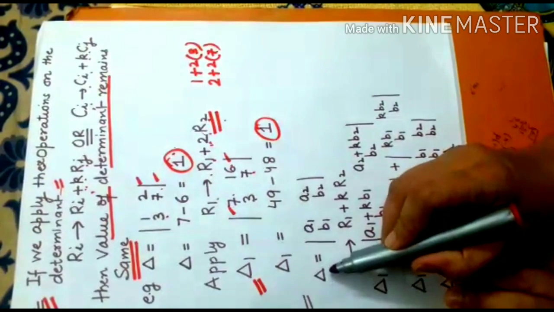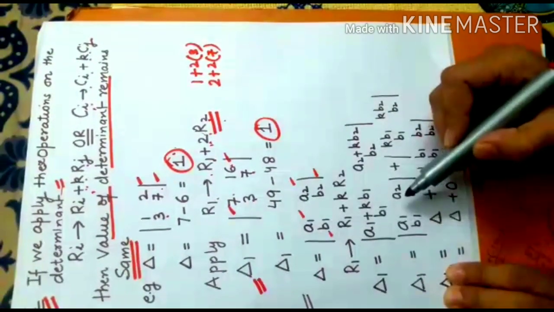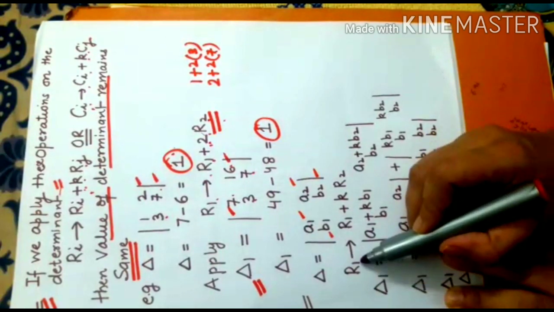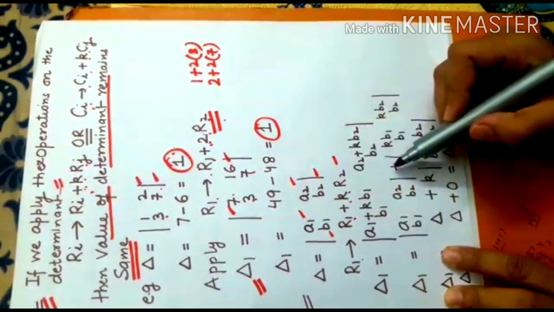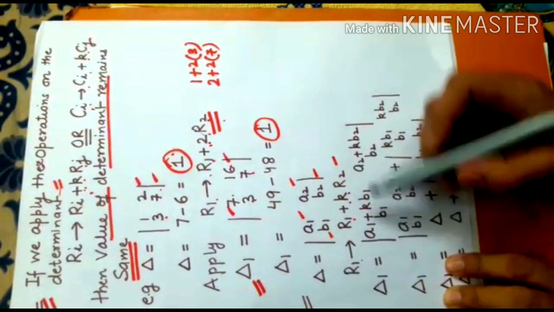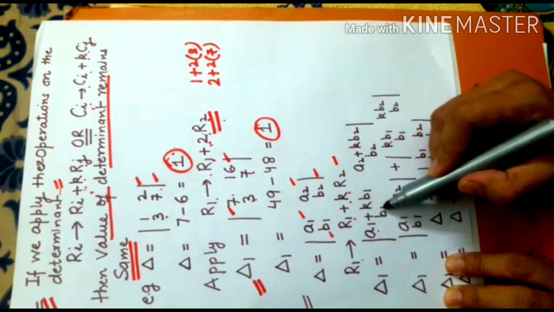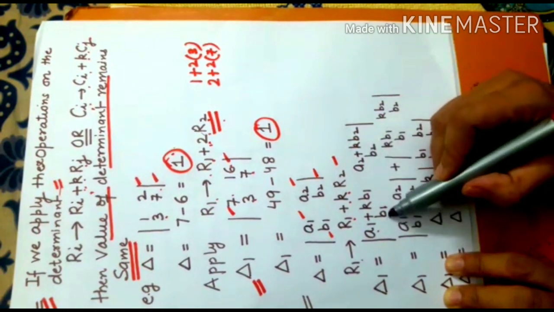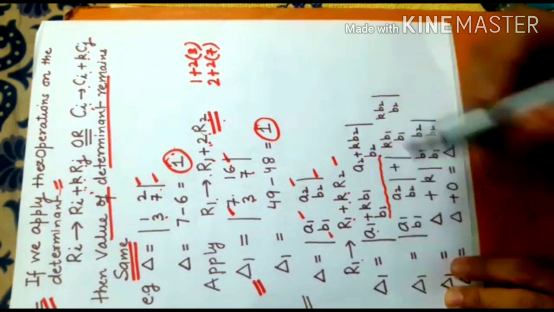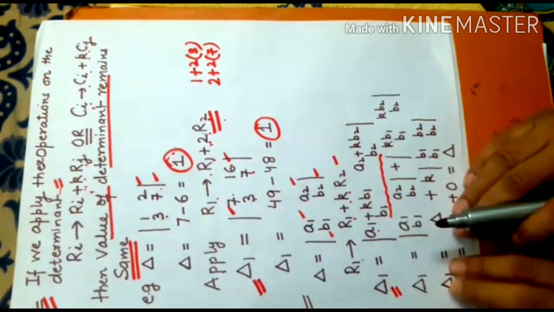Consider delta with elements a1, a2, b1, b2. Let's apply R1 changes to R1 plus k times R2. So the first row will become a1 plus k times b1, a2 plus k times b2, and the second row will be the same. This new determinant is denoted by delta 1.